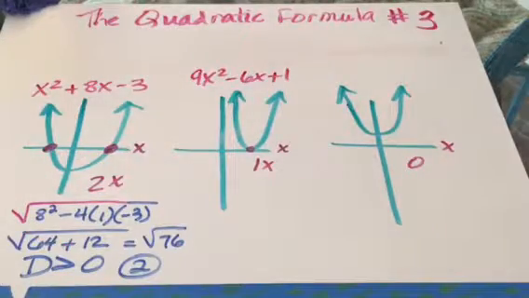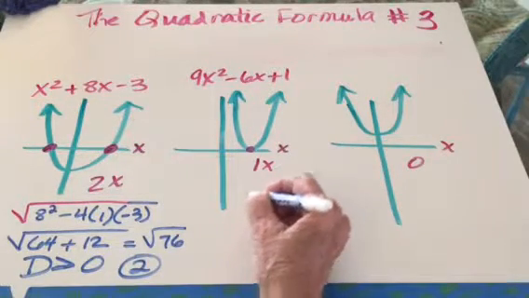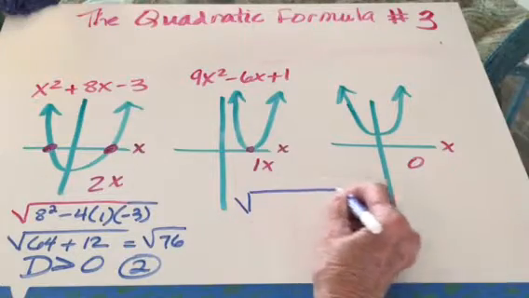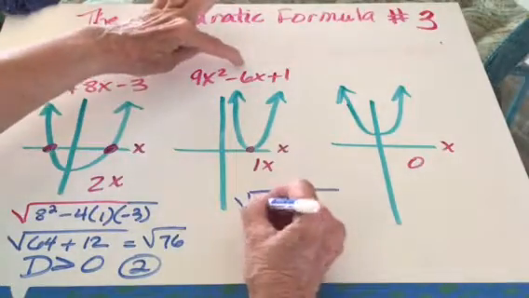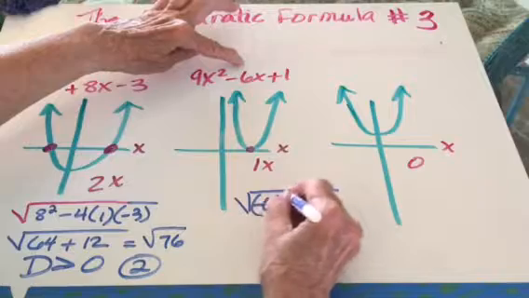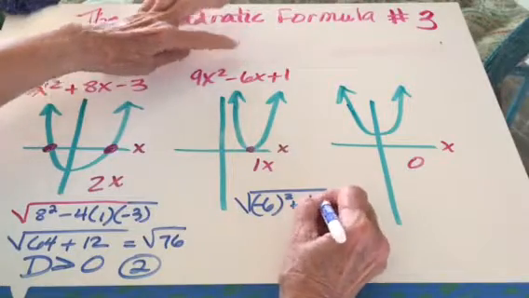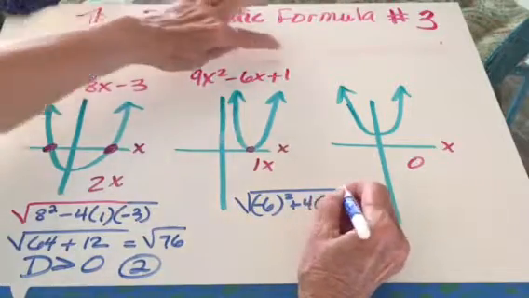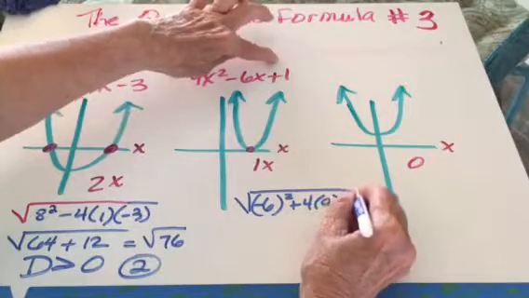Again, we're going to use the discriminant part. So we're going to go b squared. B squared is negative 6 squared minus 4 times a, which is 9, times c, which is 1.